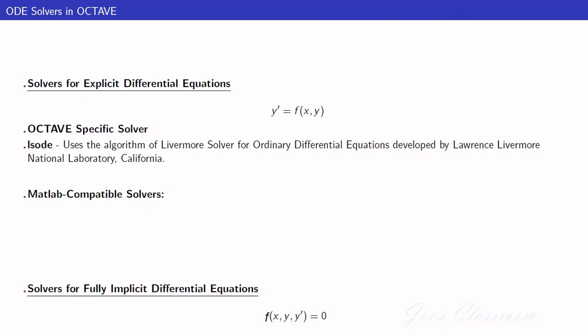It uses an algorithm developed by the Lawrence Livermore National Laboratory of California, and this algorithm is called the Livermore Solver for Ordinary Differential Equations. So that is why it is called lsode. And this is a solver very unique to Octave, and even Scilab uses this specific solver.